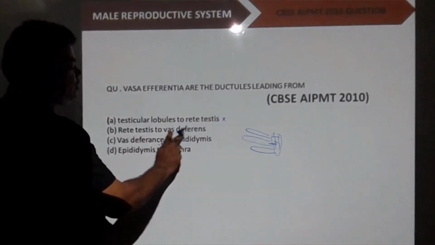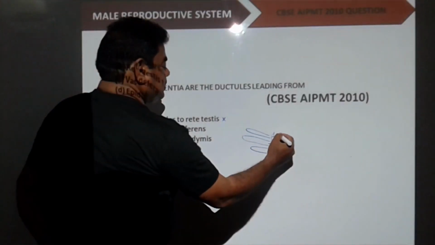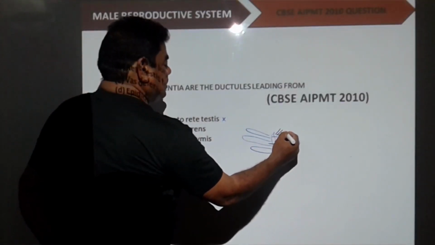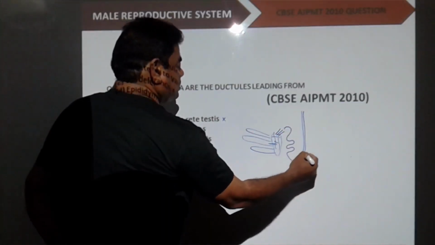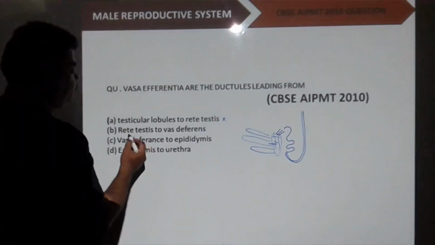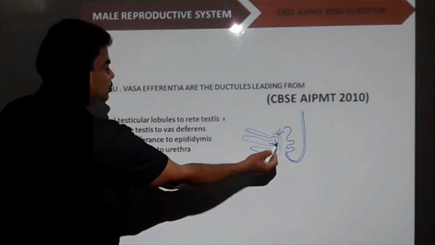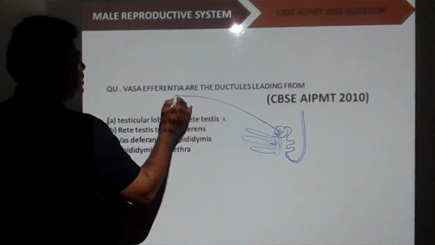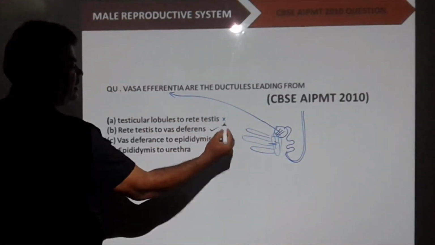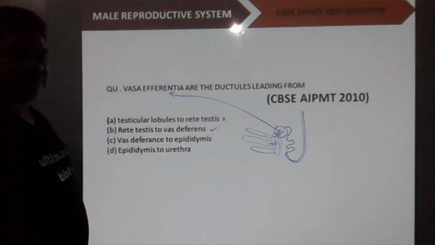Then rete testis to vasa deferentia: from the rete testis, this portion is the vasa efferentia, and then from the vasa efferentia we reach the vasa deferentia. So from the rete testis to the vasa deferentia, this portion is the vasa efferentia. This one is the correct answer, the second option.